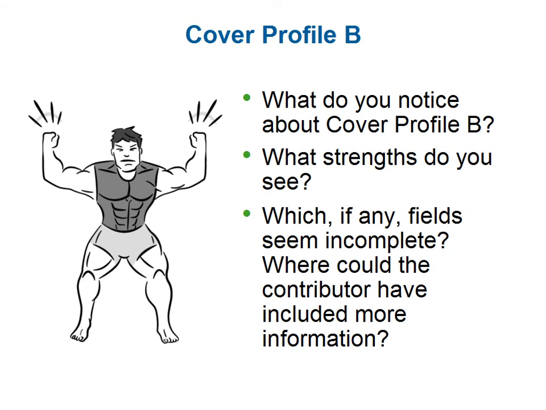All right, cover profile B. This is also on the wiki, like I told you. So at this time, you can read through cover profile B and apply the gatekeeping criteria to it. So take a moment to do that, go through the yes and no's, and see what you come up with.